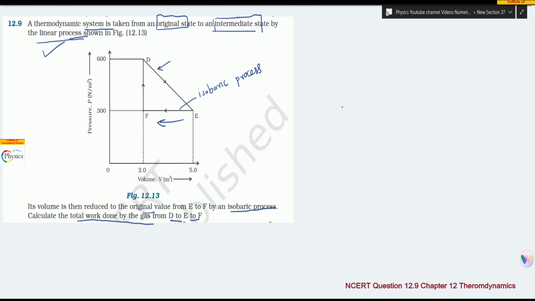So let's first understand how you solve these questions in which you have to calculate the work done. Your aim is to find the work done.